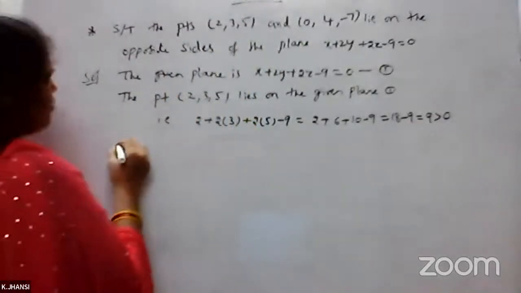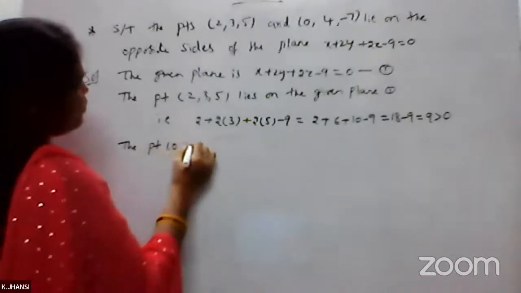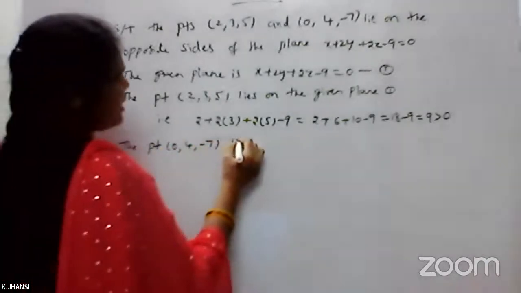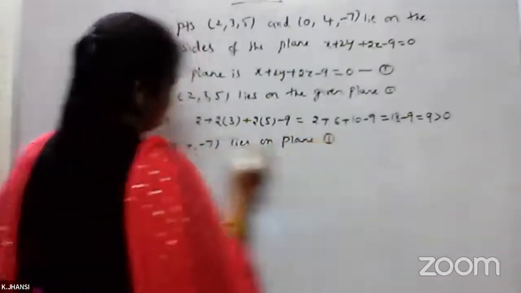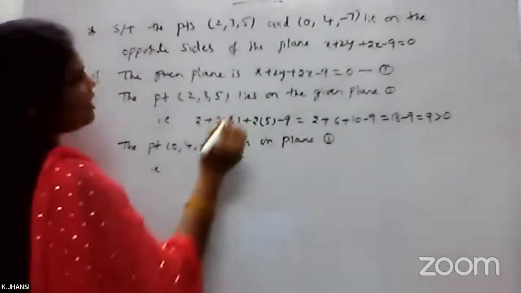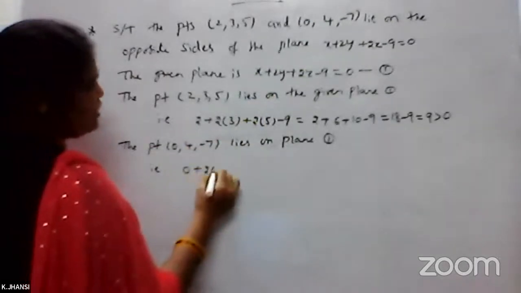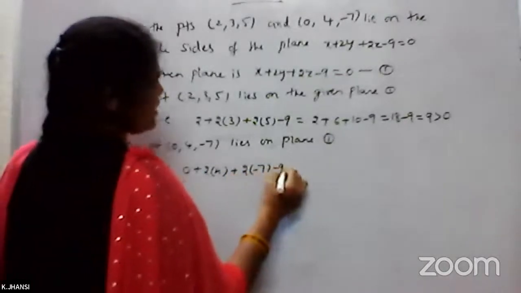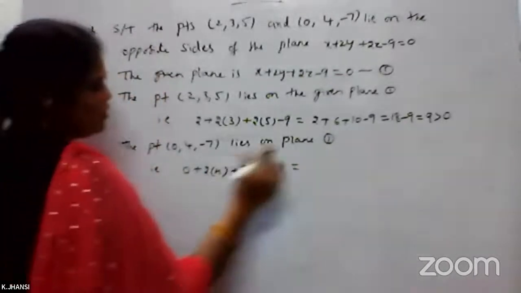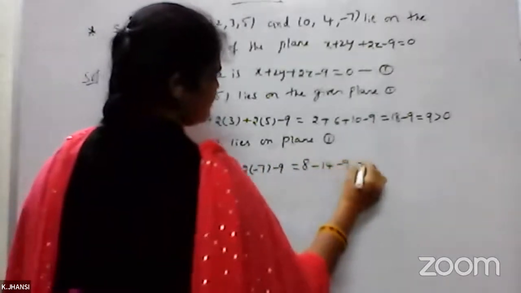Next, the point (0, 4, minus 7) lies on plane 1. So you get 0 plus 2 into 4 plus 2 into minus 7 minus 9, equals 2 4s are 8, 7 2s are 14, minus 9.